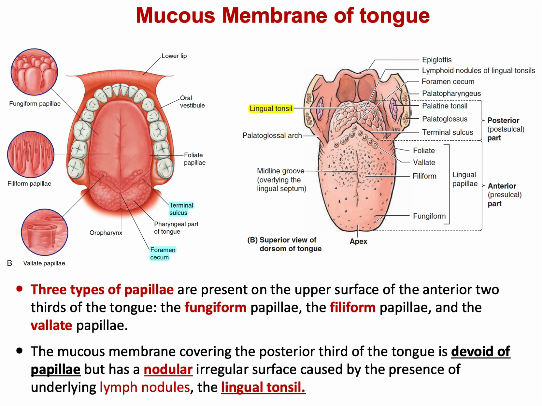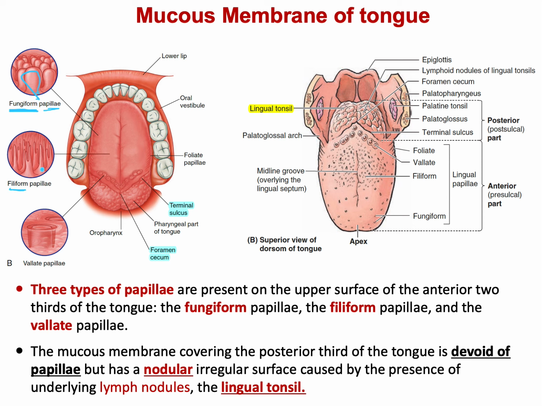Now let me give you an idea about the mucous membrane of the tongue, although we will talk in detail about it in the histology lecture. For now, it's good to know that the mucous membrane of the tongue has mainly three types of papillae. Some are known as fungiform papillae because they look like a mushroom, and another type is known as filiform.